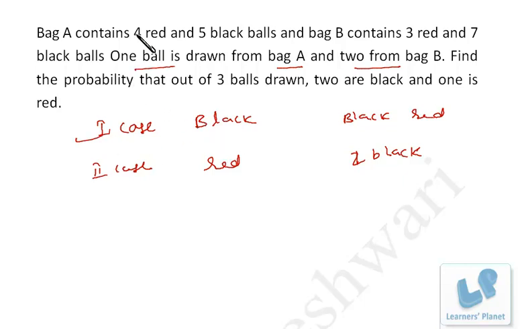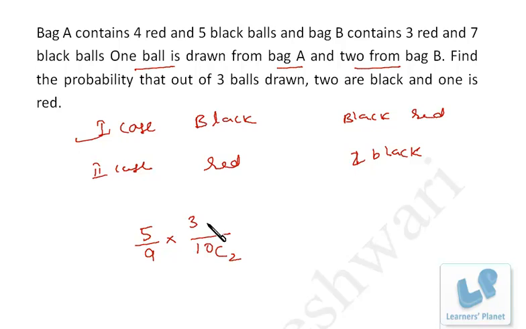So in all there are 9 balls in the first bag. Out of this we have the choice that is black 5. Simultaneously we are drawing one black and one red ball from the second bag. So from the second bag, in all there are 10 balls. So from 10 we have to draw 2. One should be black and the other should be red.